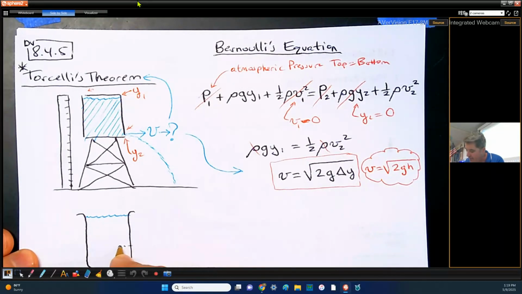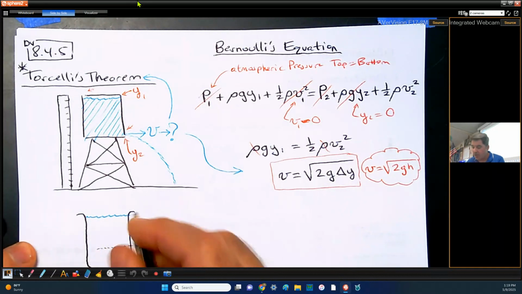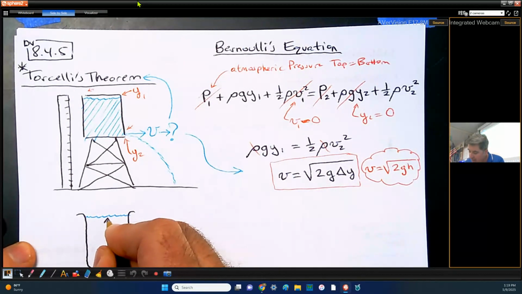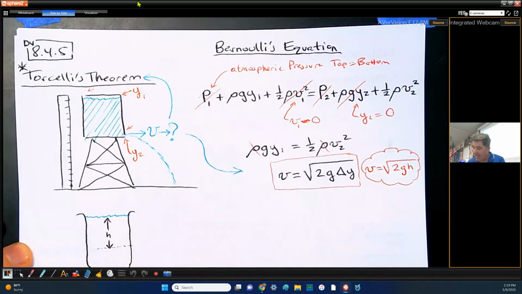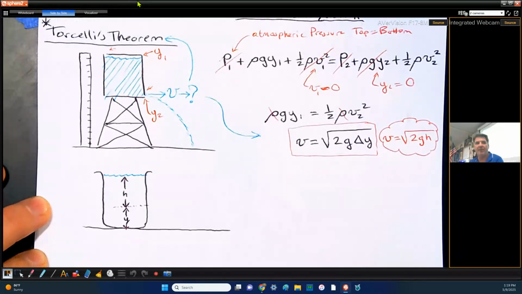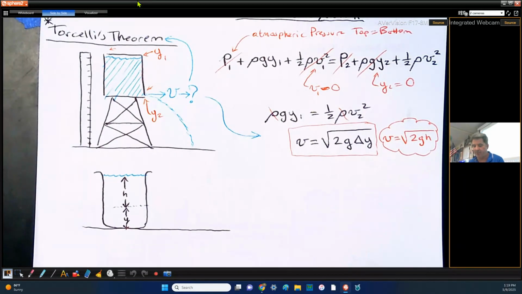I'm going to call this H above the hole, and this Y to the ground. H is above the hole, and Y is the distance to the ground. I probably should have used a better pen.